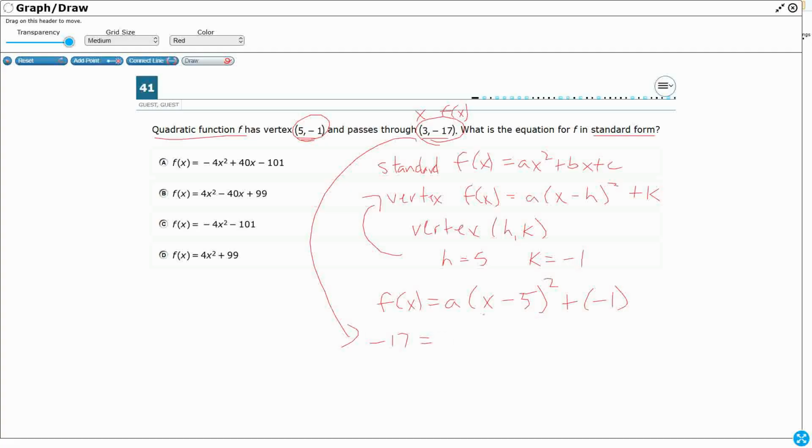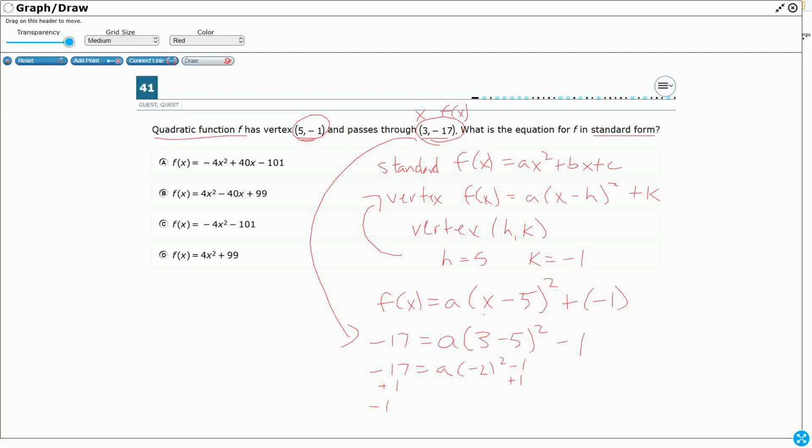A, and what is my x? My x is 3 minus 5 squared. I'm going to go ahead and make that -1. Now we can simplify and solve for a because I've got every value inserted except for just that a. So let's do -17 equals a, and then what is this? 3 minus 5, this is -2 squared, minus 1. And so I'm going to go ahead and add this 1 over here.